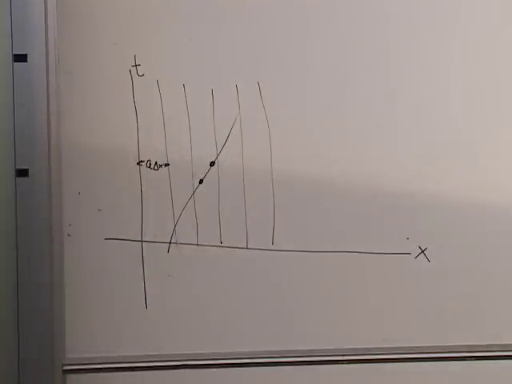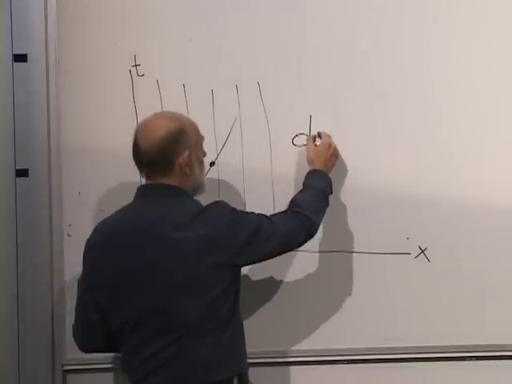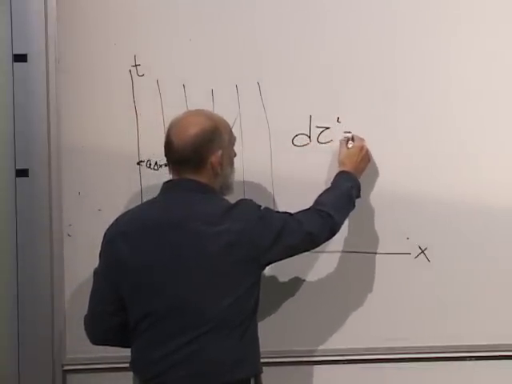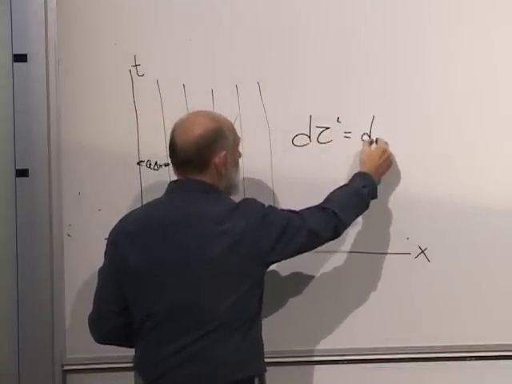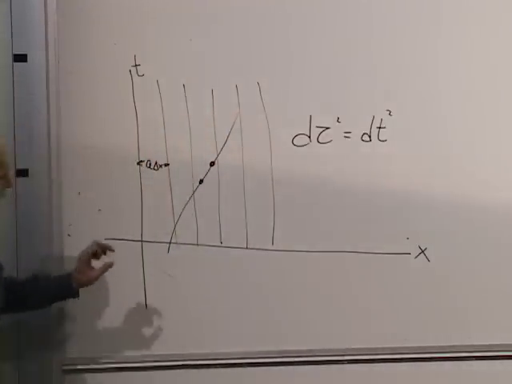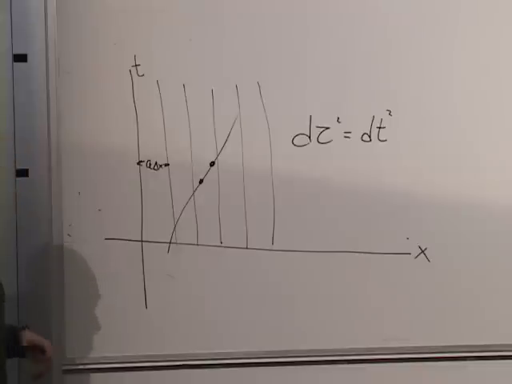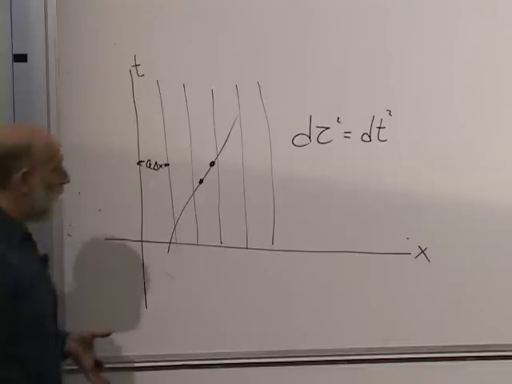Now, what is the proper time along the trajectory, let's say, of a particle between two neighboring points? The proper time, d tau squared, is equal to dt squared minus the square of the spatial distance between them. What's the spatial distance?